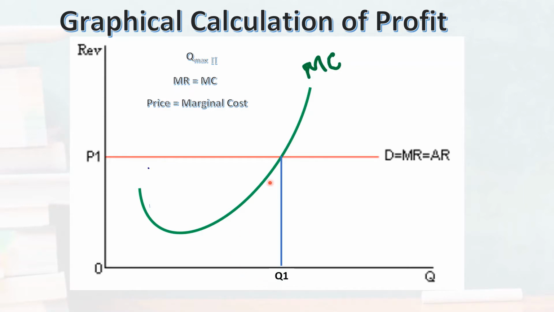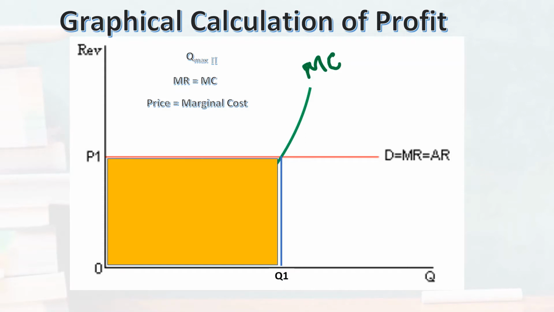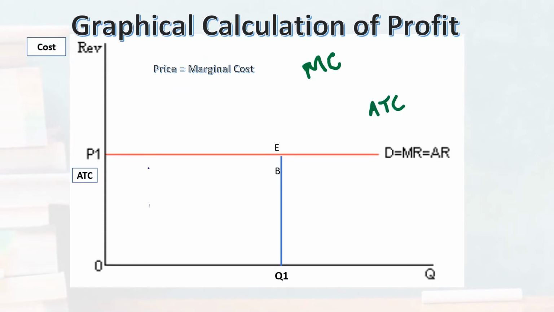It can easily be defined by calculating the area of this rectangle P1, 0, Q1 and then this point. So the total revenue which a firm can earn by selling Q1 is equal to the area of this rectangle. It is quite easy to calculate total revenue by just calculating the area of this rectangle.